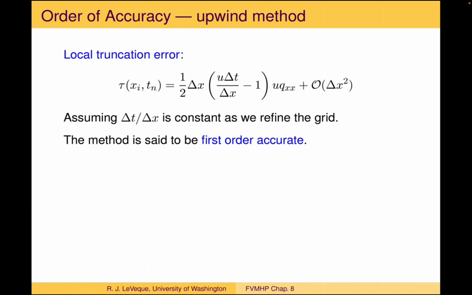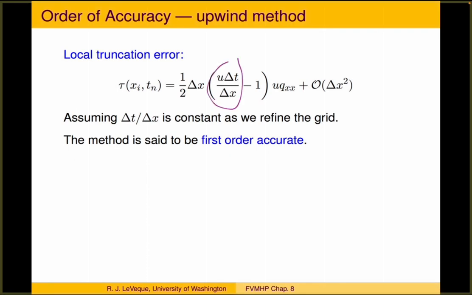So if we want to refine by a factor of 2 in x, we'll also be refining by a factor of 2 in t. And if we make that assumption, then this factor u delta t over delta x here, which is called the Courant number that we'll talk a lot more about in a moment, would be a constant. And so we have basically some delta t times some constant as we refine the grid.